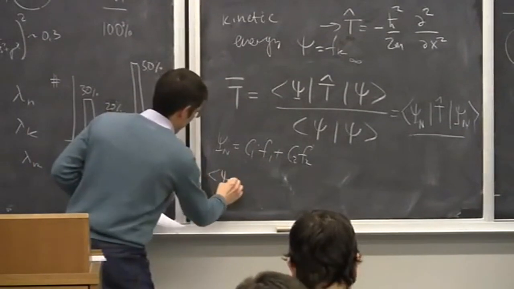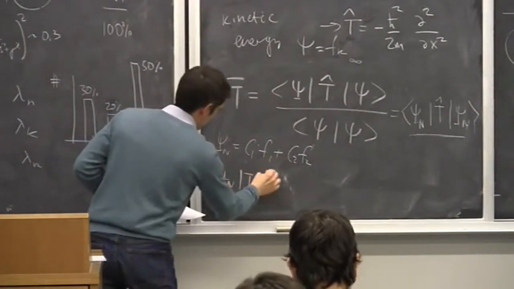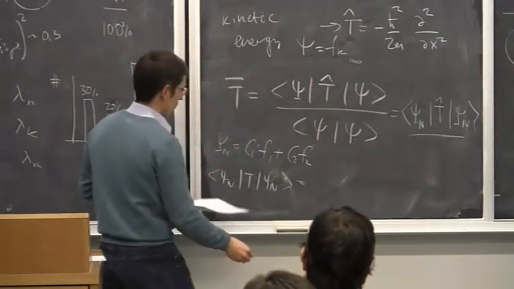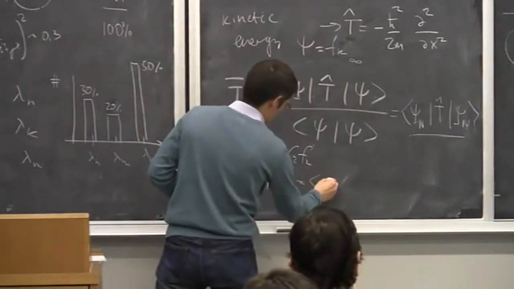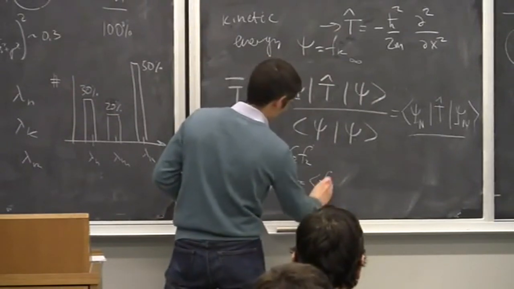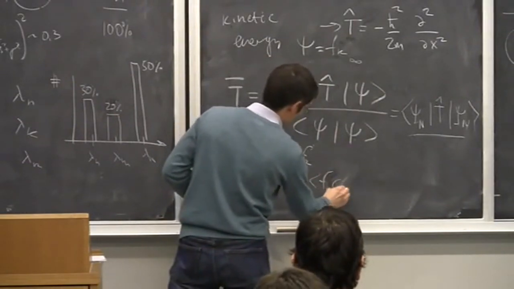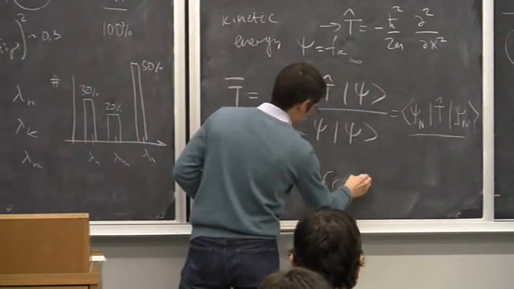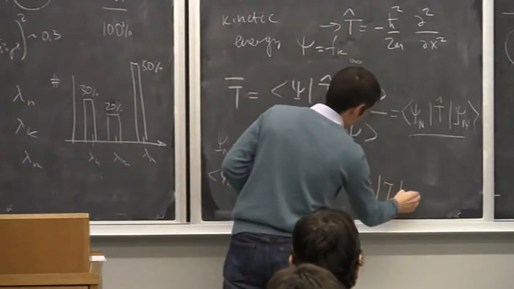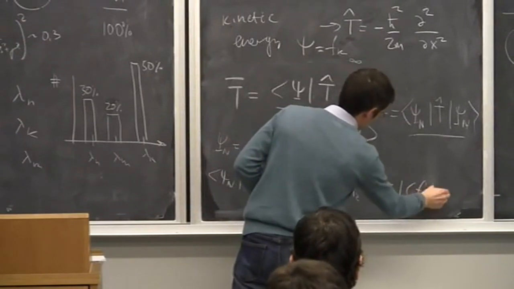And then psi n T psi n is equal to f1 c1 plus f2 c2, T, c1 f1 plus c2 f2.